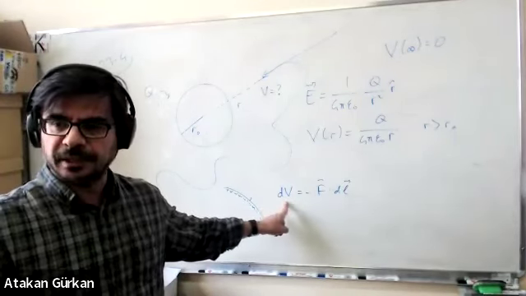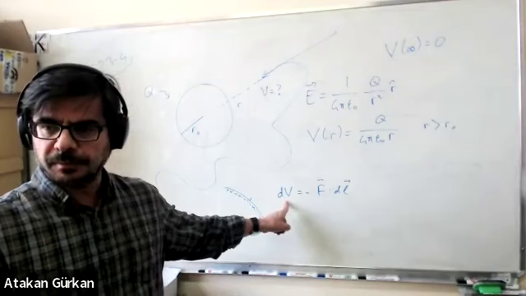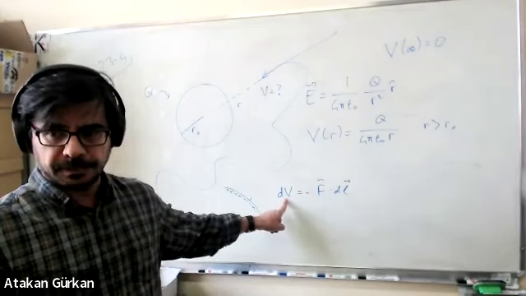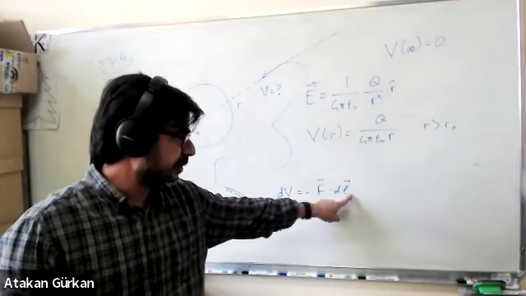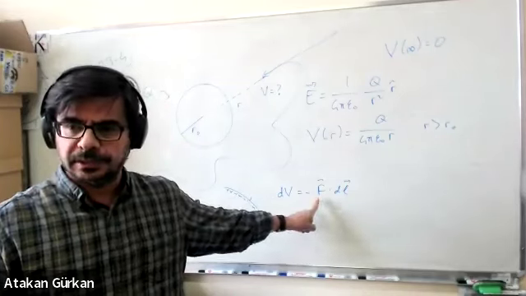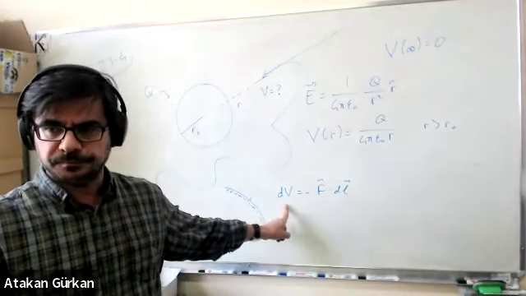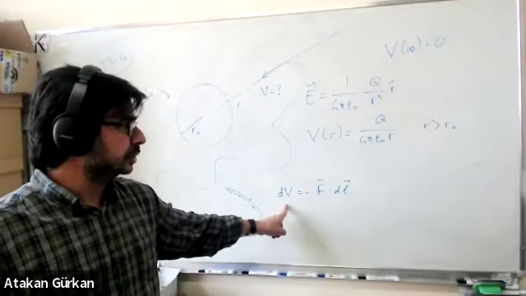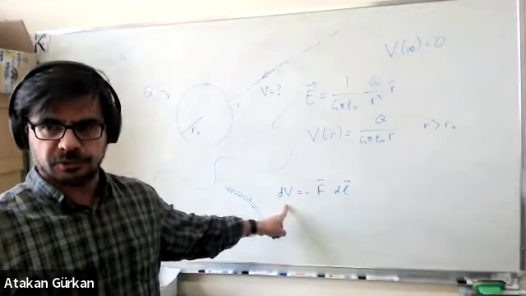Now, can this be finite? If the potential can be discontinuous, then this can be finite. That can't be. This is infinitesimal. Unless this is infinite, which is not physically allowed, then this has to be infinitesimal as well. It can't make a finite jump. So the potential has to be continuous.